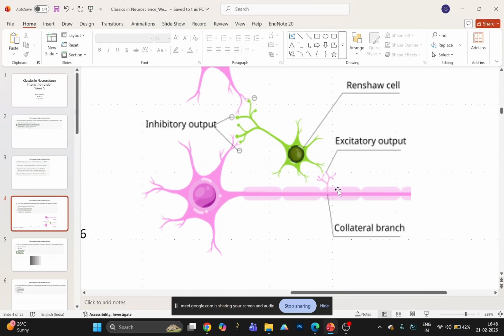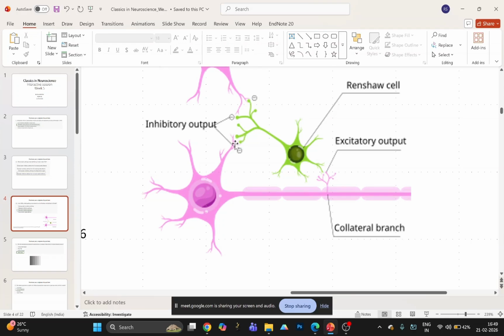The axon is getting excited, the collaterals are also getting excited, and this synapse is also excitatory. So the output that is going from the collateral to these interneurons is an excitatory output. Okay, but these interneurons, having received the information, they are synapsing with the motor neuron itself.